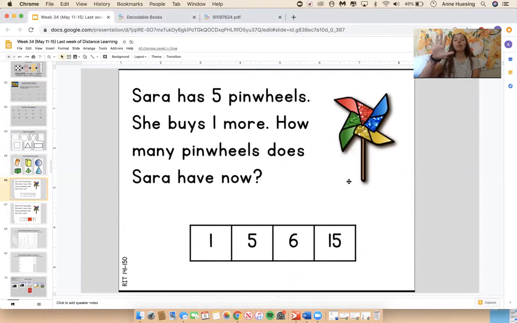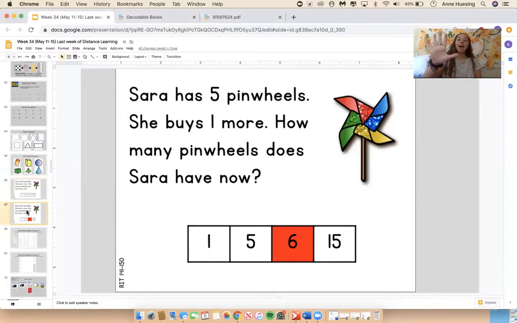Does that mean we have to take away 1 or add 1 if she bought another one? We add 1. She had 5 and she bought 1 more. So how many pinwheels does she have now? Point to the answer. 6, right? She had 5 and she got 1 more, which makes 6. Very, very good. So you should have selected the answer of 6.